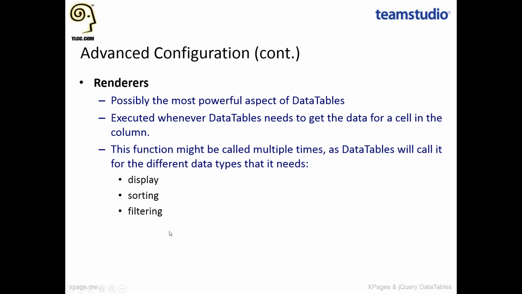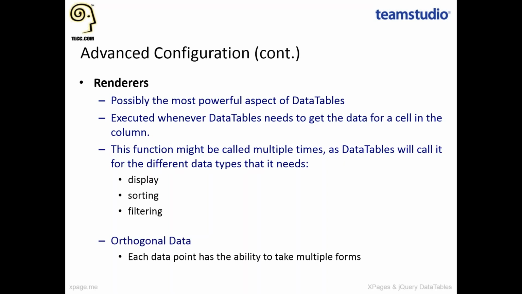Another example where you want to give users additional ways to search for data besides just what they see in a particular column on the screen. That's orthogonal data: each data point has the ability to take multiple forms.